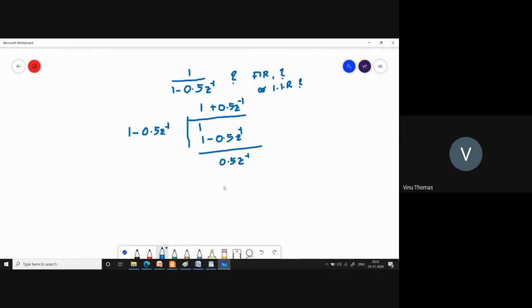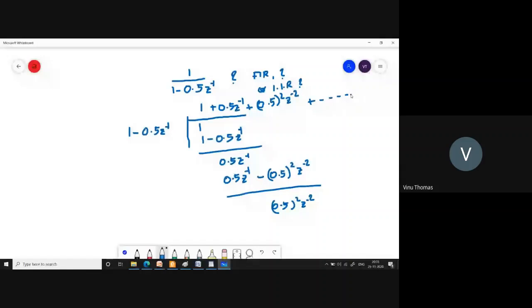Again, this becomes plus 0.5 z raised to minus 1 minus 0.5 squared, that is 0.25, z raised to minus 2. Then again I have to multiply this by 0.5 the whole square, z raised to minus 2, plus etc. Like this.